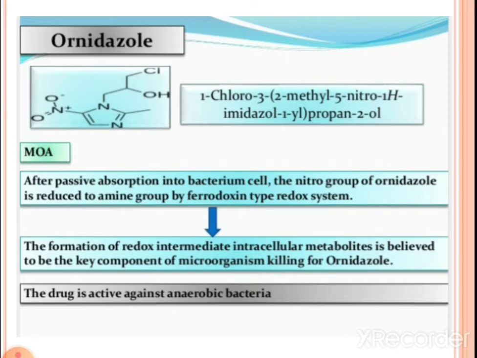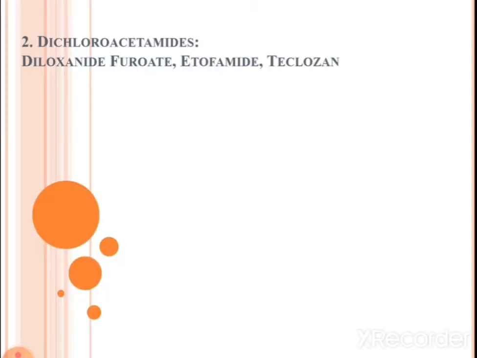So after absorption, the nitro group is reduced to an amine, and this amine metabolite is the key intermediate for killing Entamoeba histolytica or the bacterial species. The drug is active basically against anaerobic bacteria. So this is about ornidazole.